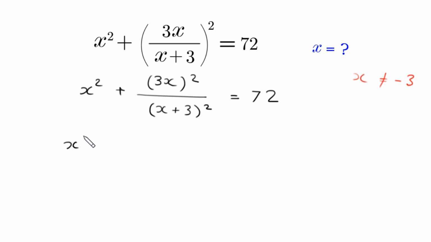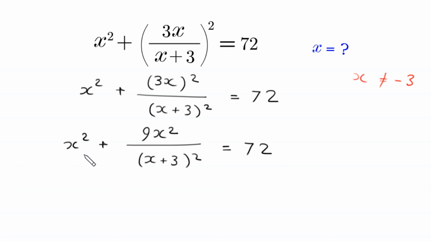Next, (3x) whole squared will become 9x squared divided by (x plus 3) whole squared is equal to 72. We can write the denominator of this x squared as 1, and we take the LCM of this 1 and this (x plus 3) whole squared. The LCM is (x plus 3) whole squared.